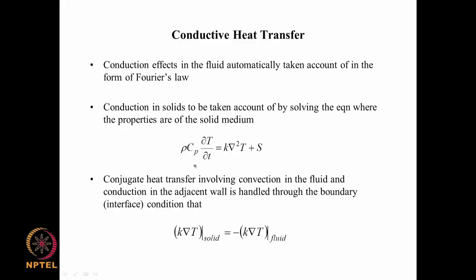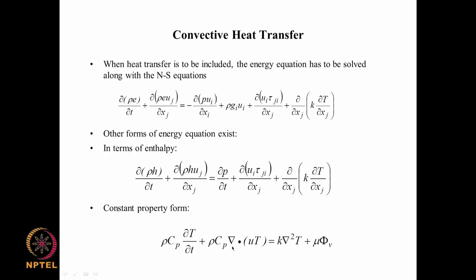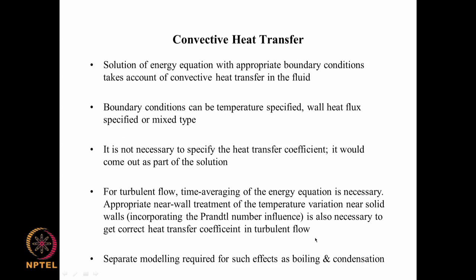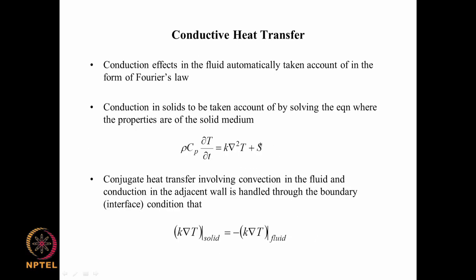So, in such cases the conduction through the walls needs to be considered by an equation like this. It is essentially the same as the equation for the fluids, except that this term is 0 and this term is 0, and S here refers to an arbitrary source term.